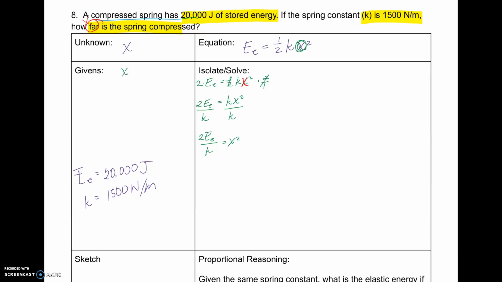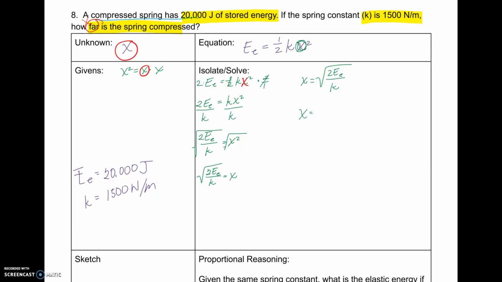Okay, so remember that x squared is x times x, and when we're looking for x, we just want one of these, not both of them. So what we're going to do is take the square root of both sides, and we have the square root of 2 times the elastic potential over k is equal to x. So we have x is equal to the square root of 2 times EE over k.